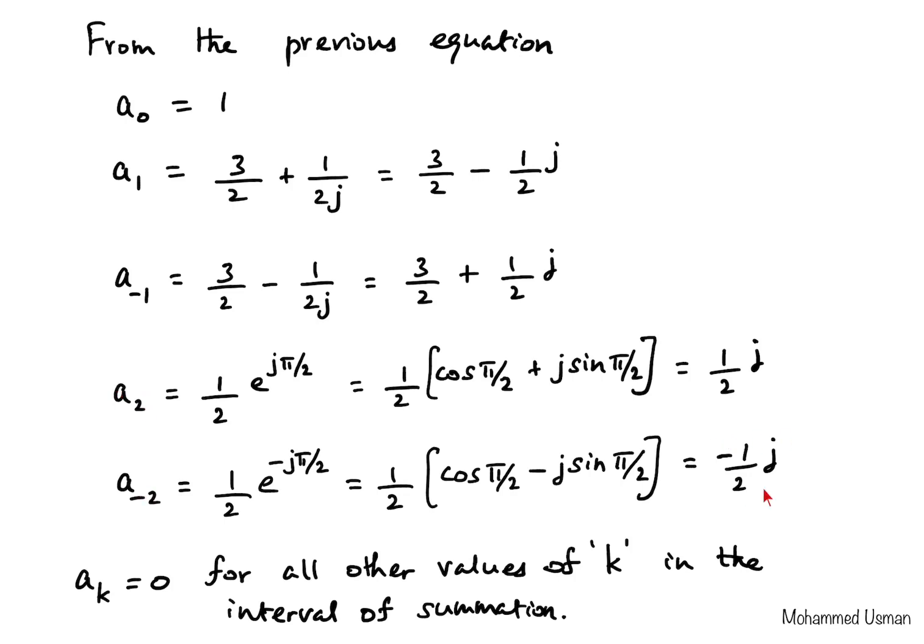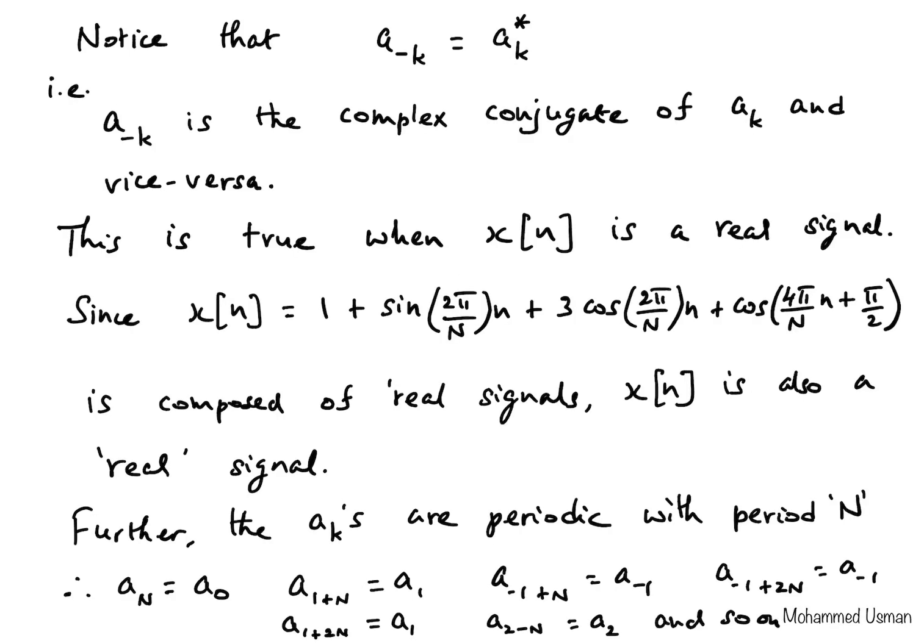So a minus 2 has the imaginary part whose sign is opposite from the imaginary part of a2. So what we notice in this particular example is that each of the ak's is such that a minus k and ak are complex conjugates of each other.